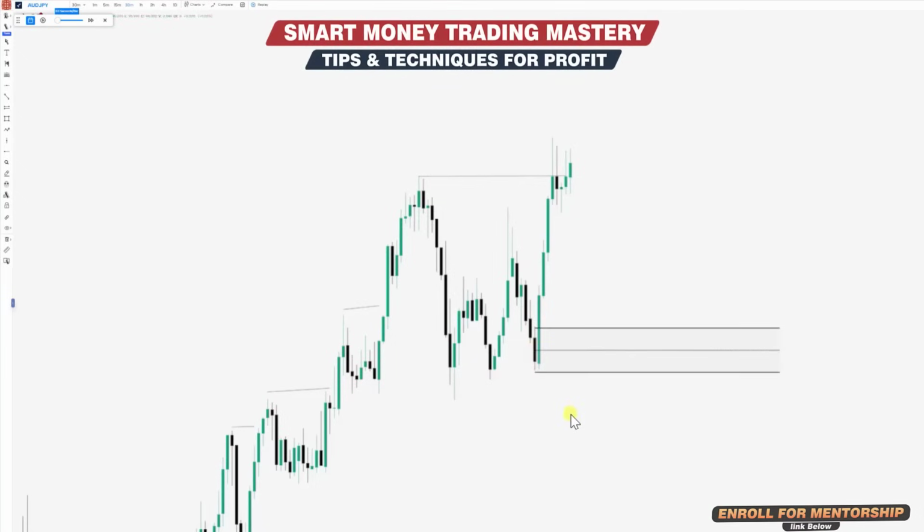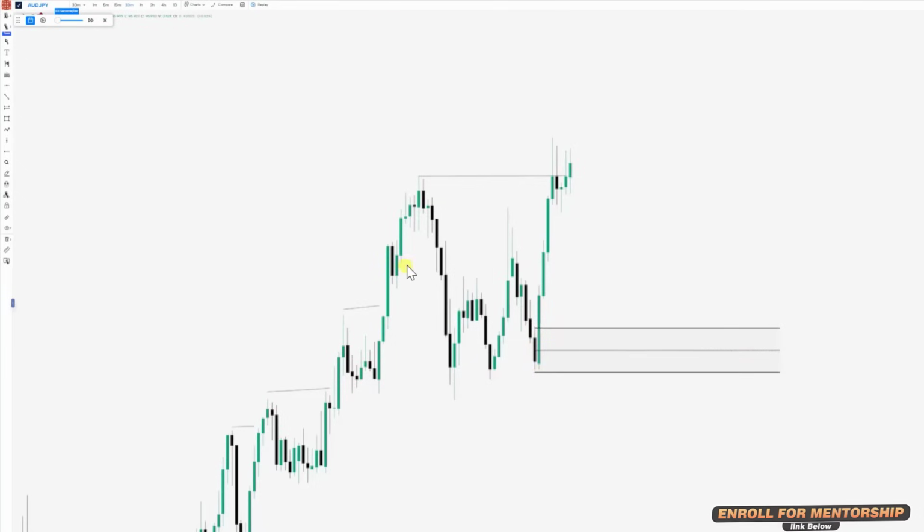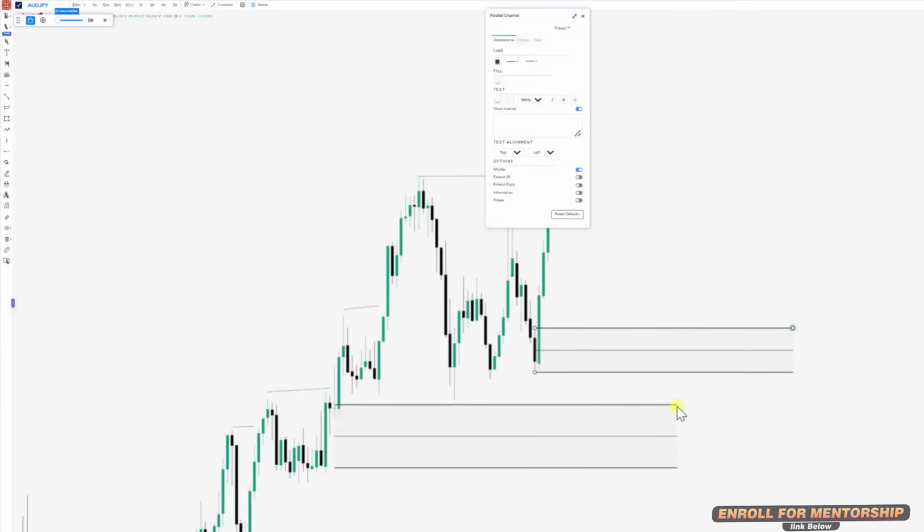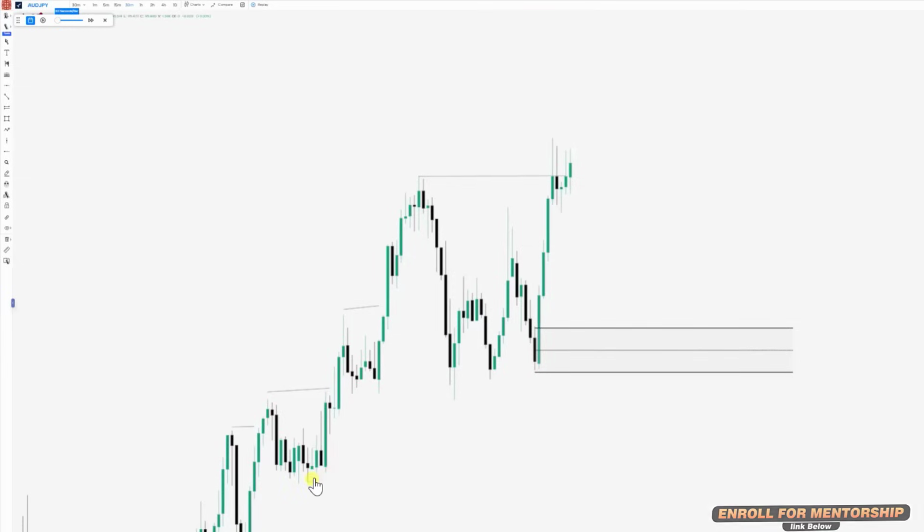And another important thing that makes it a valid zone, even though it's not yet a high probability zone, is that there is no inefficiency underneath this zone which price will be going into to balance. So this explains that price will only be focusing on this particular zone because this is the most recent valid order block, right?